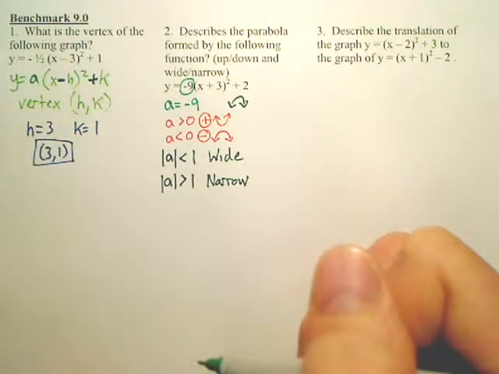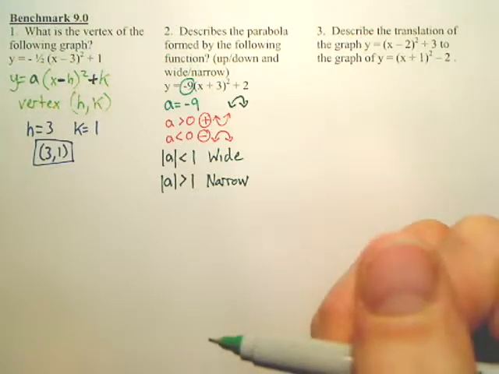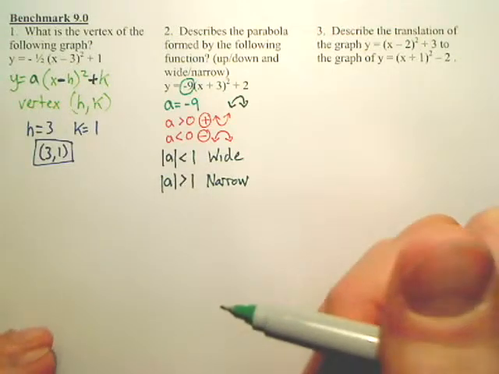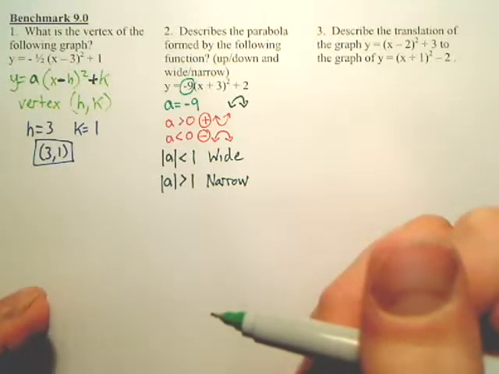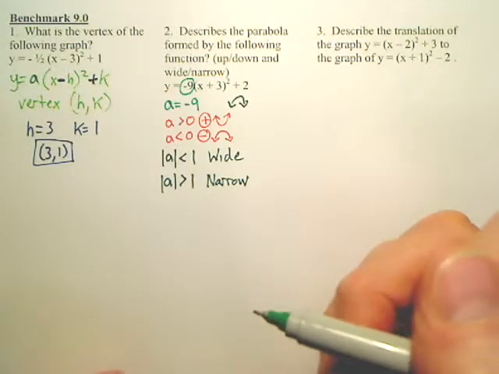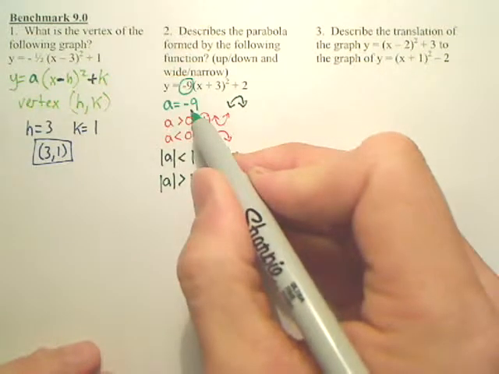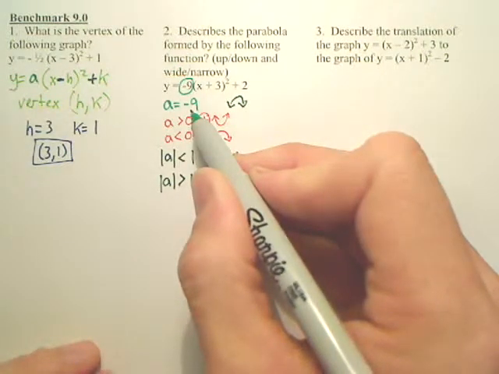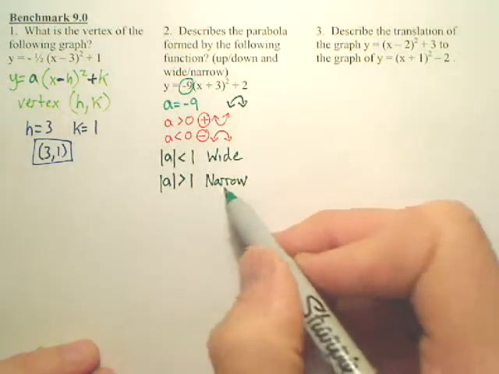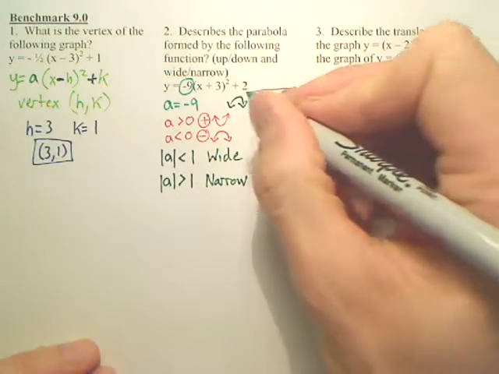Now, what is it if it is equal to 1? It's normal. If you were to say something is wide or something is narrow, you have to have a normal. Normal is 1, so less than 1 is wide, greater than 1 is narrow. So in this situation, what's the absolute value of negative 9? 9. Is 9 greater or less than 1? It's greater than 1, so this is going to be narrow.